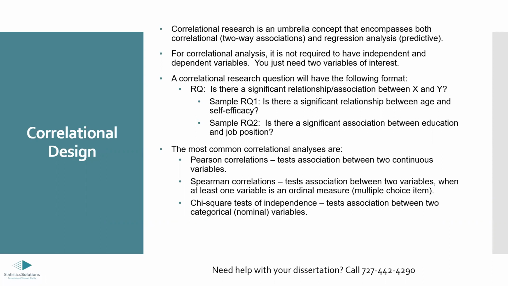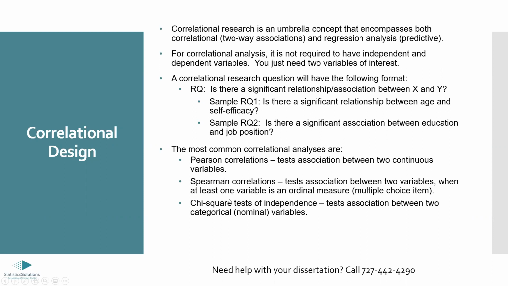You won't see a fill in the blank for education where someone puts, I have 11 years of education. You have categories. You have high school, associates, bachelor's, master's, doctorate. So if education is one of your variables of interest, then you might want to consider doing a Spearman correlation.